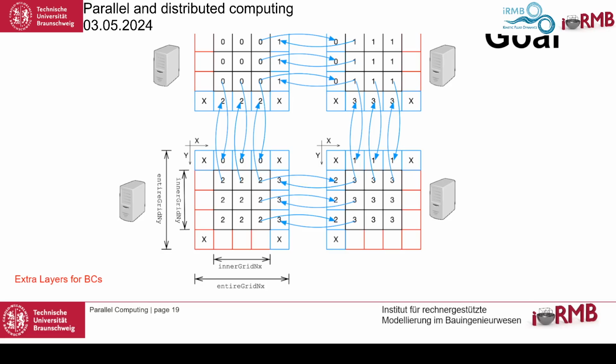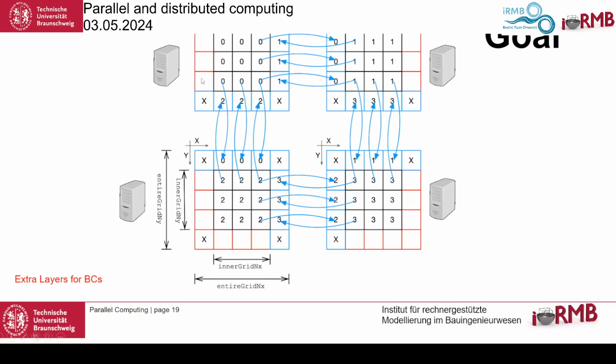I almost used the word ghost layer for the boundary conditions, because we also put a layer around there where we put our boundaries. The ghost layer is a copy of only the outer layer from one process on the other process. You can think about it the same way as a boundary condition.